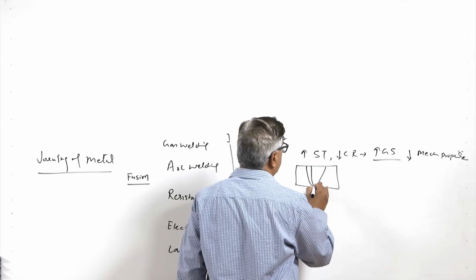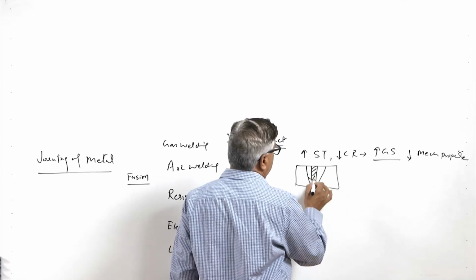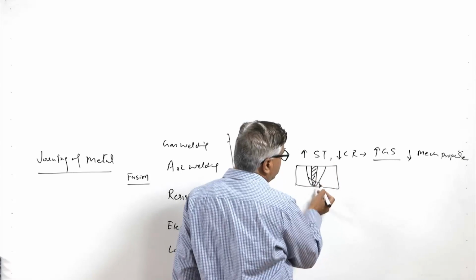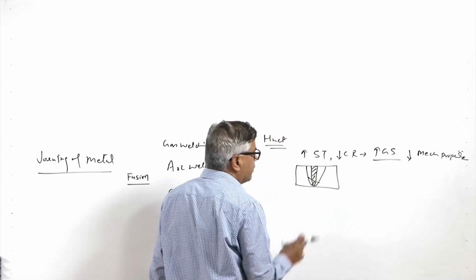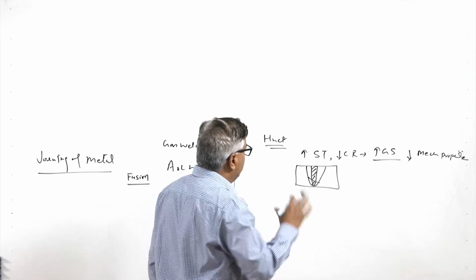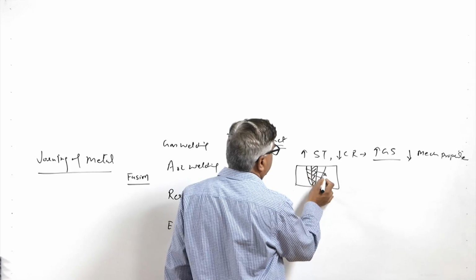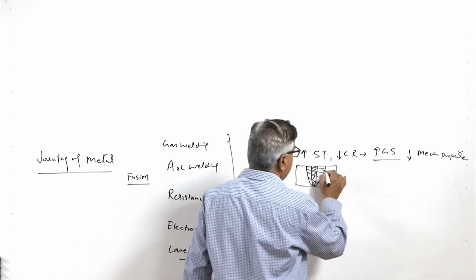A low heat input will result in a smaller weld size for the high energy density processes, while when the low energy density processes are used, we need to supply a lot of heat, and that will increase the size of the weld pool.